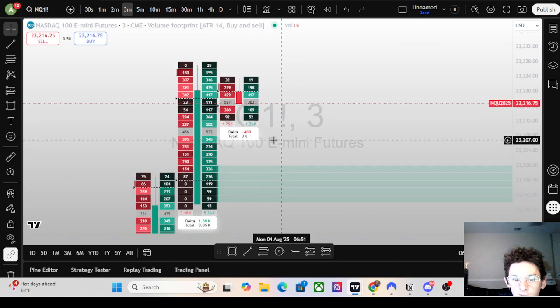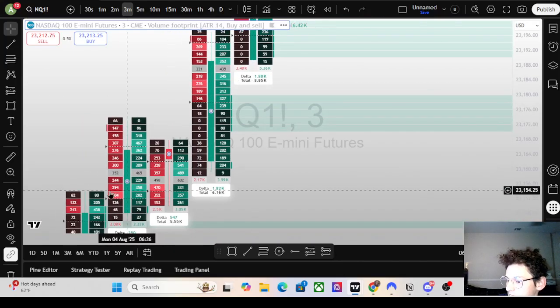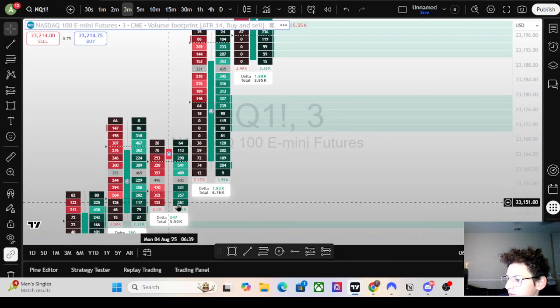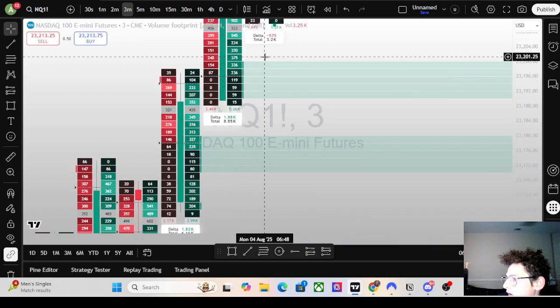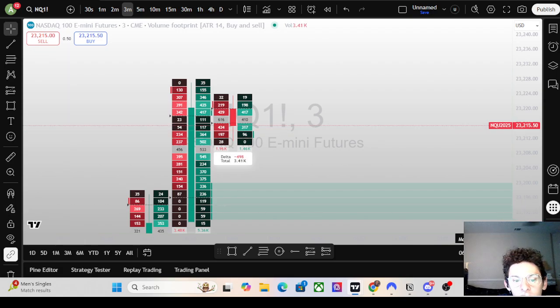We might have a flipping delta here, because this delta was positive when it finished. If this delta doesn't end at positive, it'd be yucky.